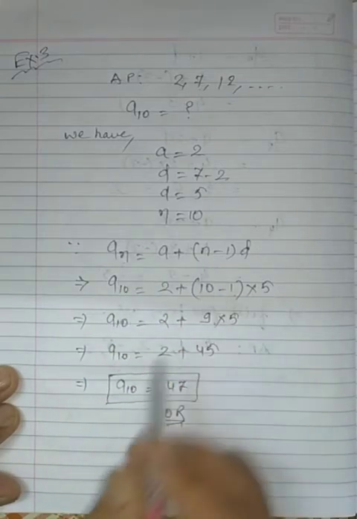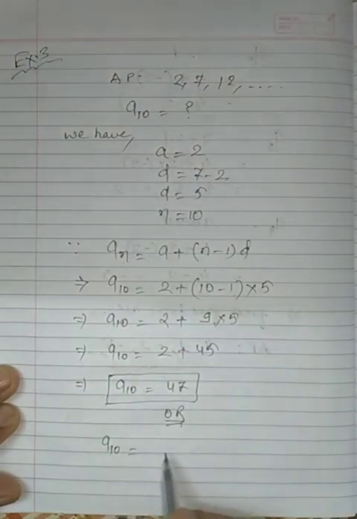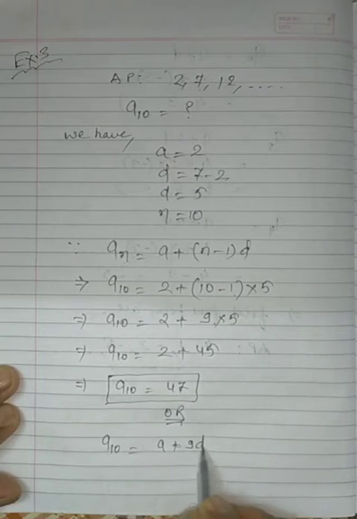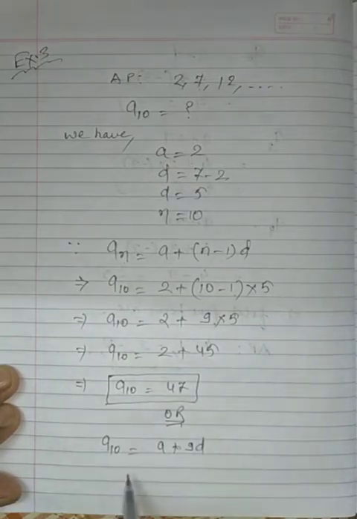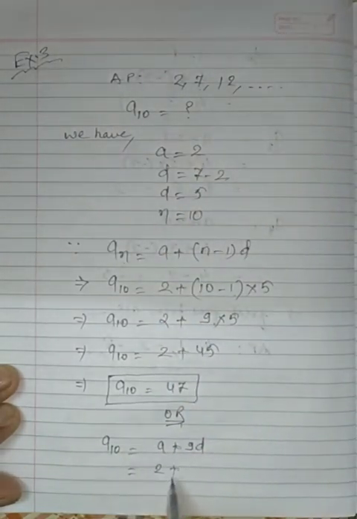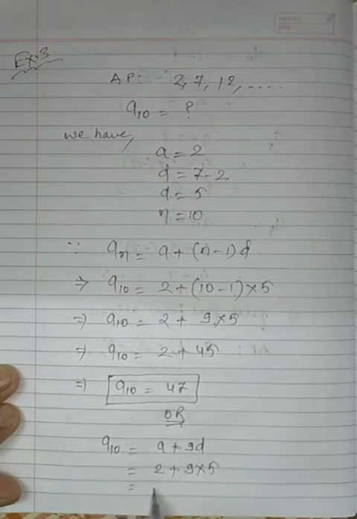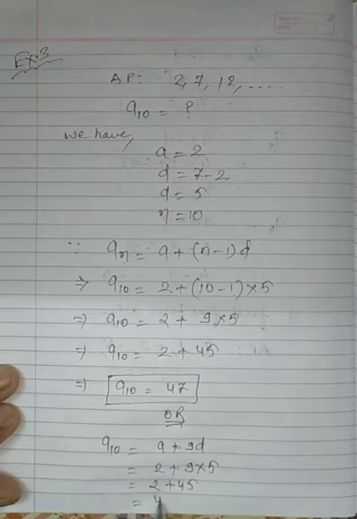That means if we take A10, then here you will get A plus 9D. So directly we can put A equal to 2 plus 9 into 5, that is 2 plus 45, which is equal to 47.